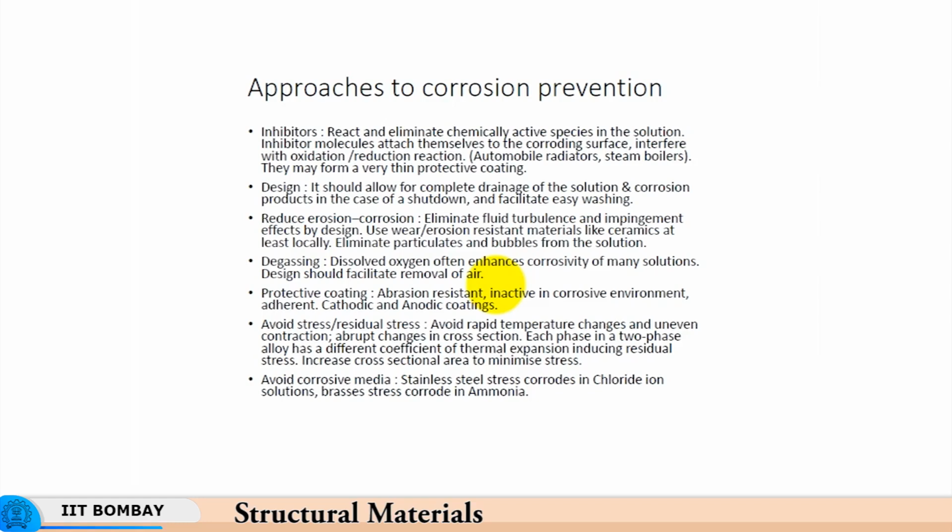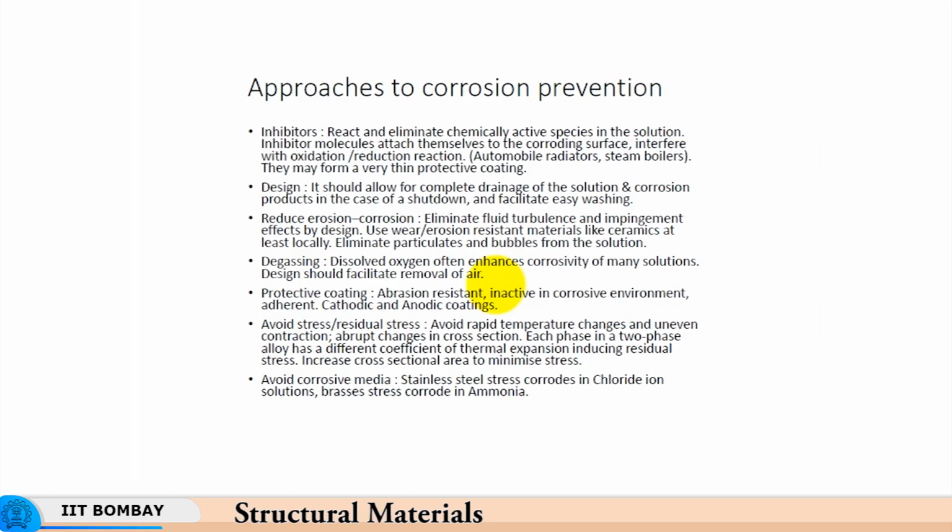But if at some point there is a scratch due to which this cathodic coating has been removed, then the region which is exposed becomes anodic, and that region will have a very small surface area. So, the cathode has a very large surface area, the anode has a very small surface area, due to which corrosion will proceed at a very rapid rate.